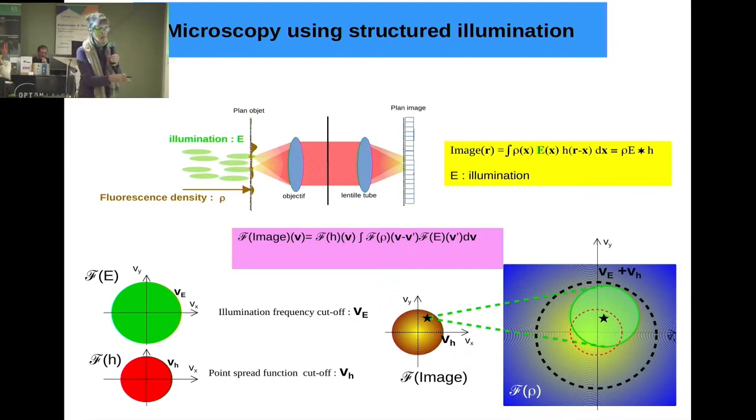This frequency will depend on the frequency of the object over a disk of radius nu e that is centered about this frequency here, okay? So this is the only thing you have to know to explain super resolution in structured illumination microscopy. The frequency of the image is related to the frequency of the object up to nu e plus nu h, where nu e is the frequency cutoff of the illumination.